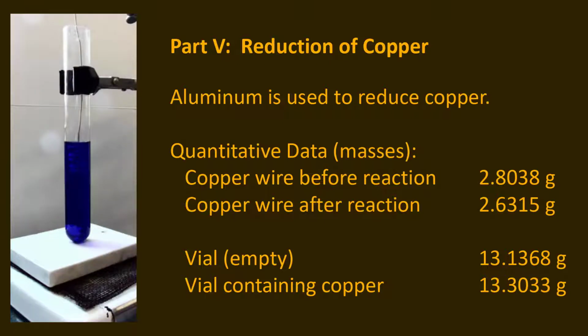You can see some bubbles forming on the surface, and you can see a little bit of discoloration, but the particular reaction that I'm interested in, which is the aluminum transferring electrons to the copper and reducing copper out of solution, doesn't seem to be happening very quickly.